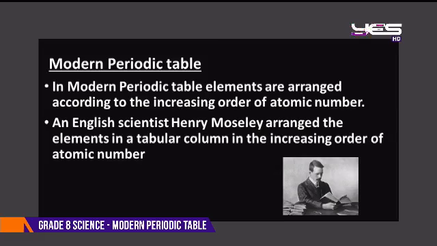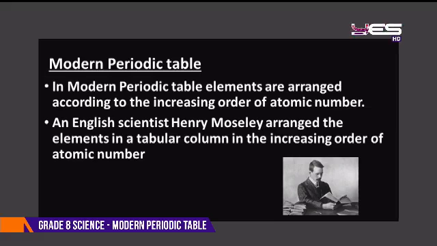What is modern periodic table? So in modern periodic table the elements are arranged in which criteria? Okay, so in modern periodic table elements are arranged in the increasing order of which number? In the increasing order of atomic number.